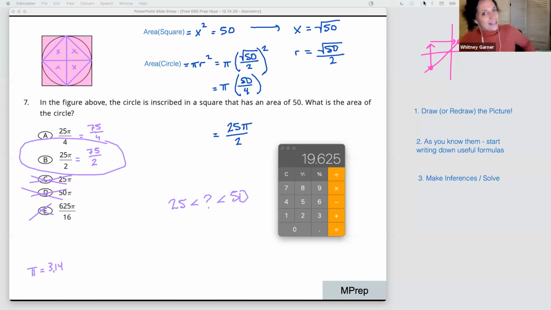We'll do another quantitative comparison. So again, we're trying to decide which quantity is bigger. Take a deep breath.